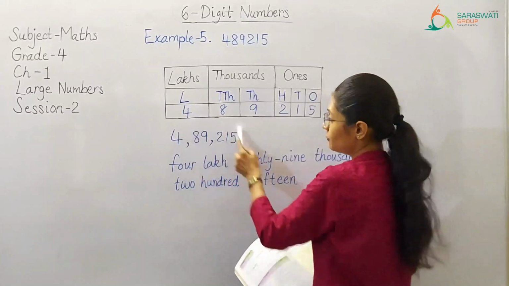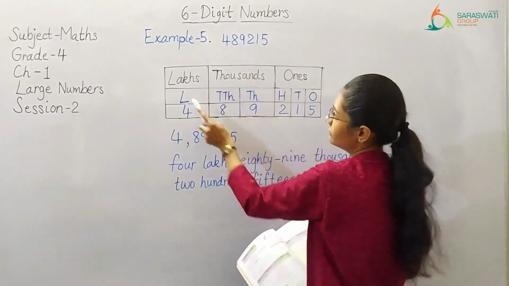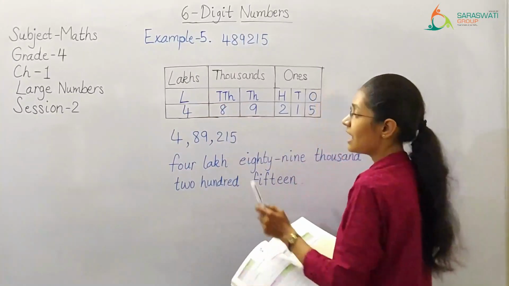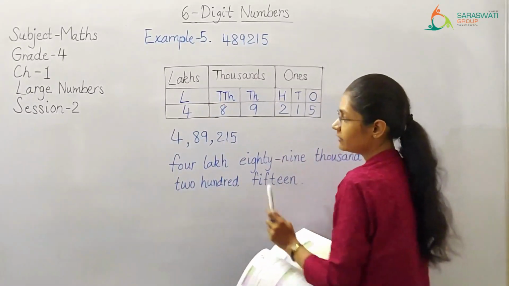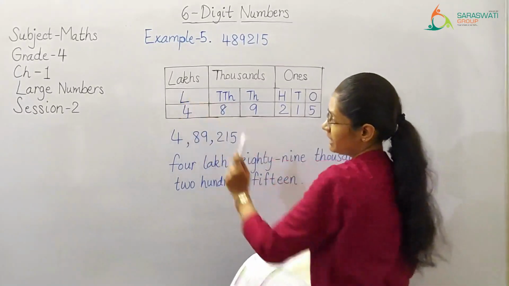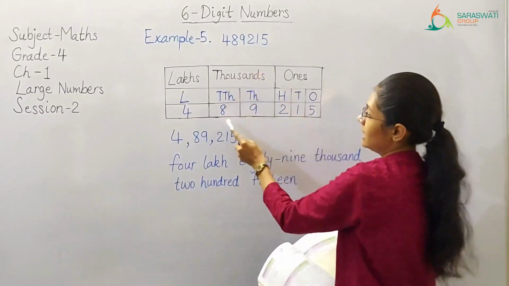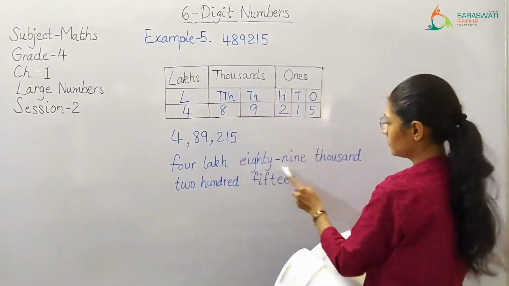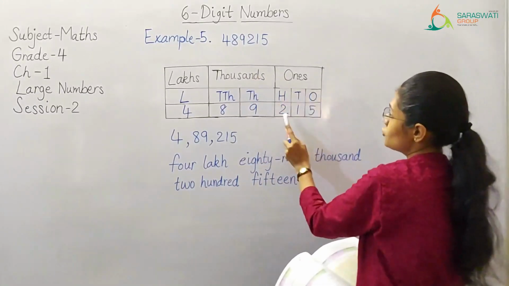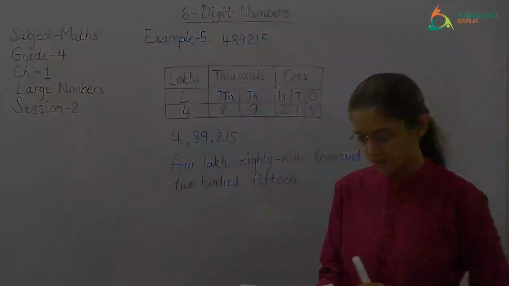Now this numeral will have 2 commas separating the ones, thousands and lakhs periods. And in the form of words, we write it beginning from the highest period. So 4 lakh, then 89,000 and 215. Let us solve.